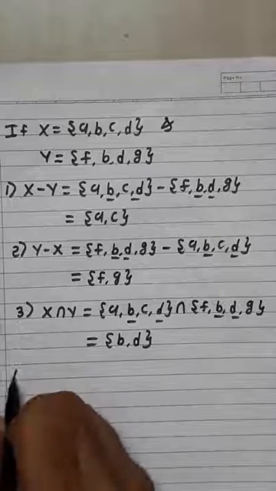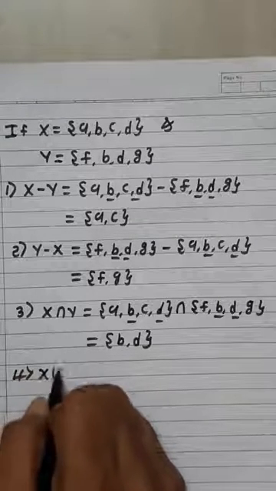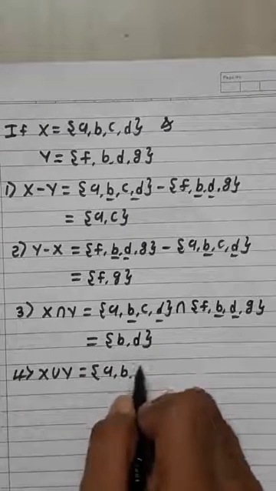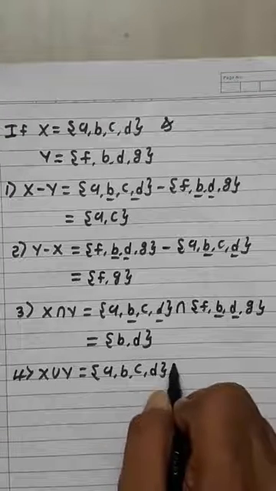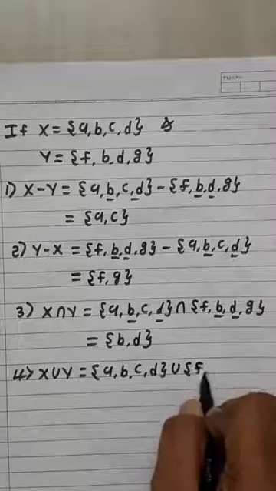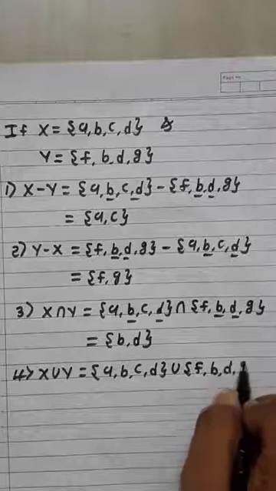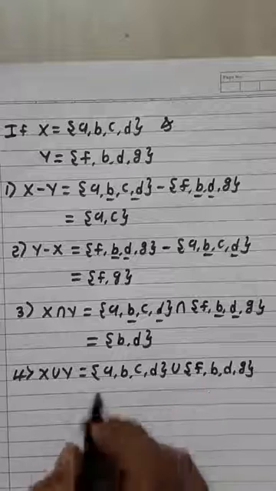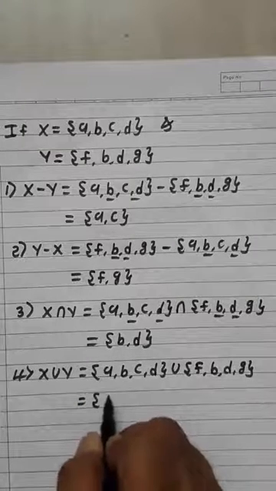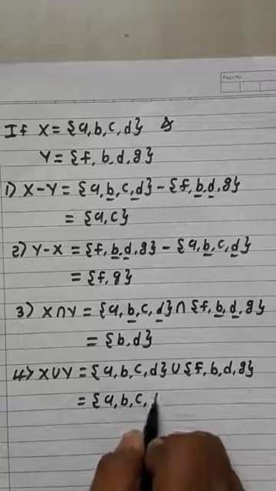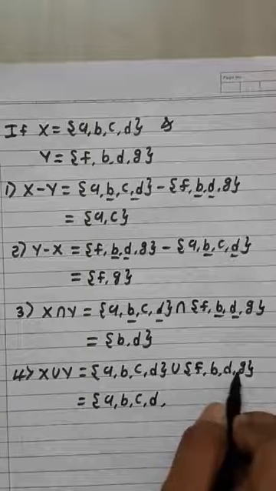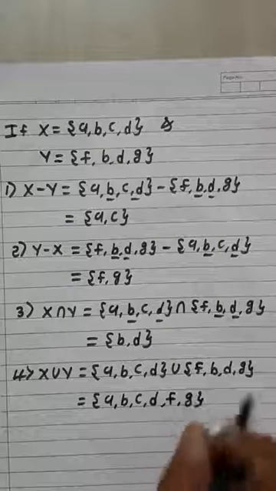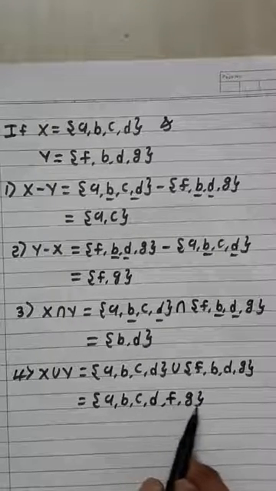Now fourth one, find out X union Y. So once again A, B, C, D union Y, which is F, B, D, G. Union, that means all the elements of X and all the elements of Y. So here we write A, B, C, D, and then the remaining elements of set Y, F, G. So the answer is A, B, C, D, F, G.